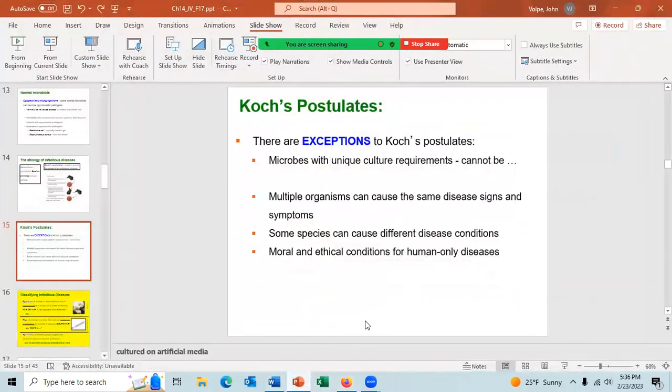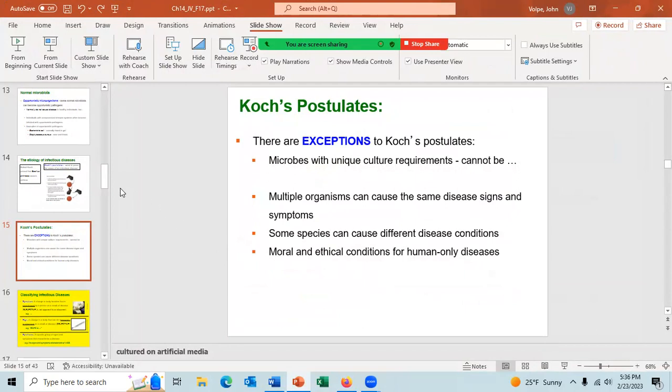And what do you do if the bacteria cause two different disease conditions? Koch's postulates, by definition, do not work. And then what do you do if there are moral and ethical conditions for a human-only disease? For example, we believe that HIV causes AIDS.